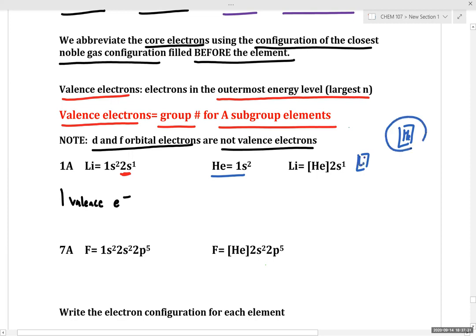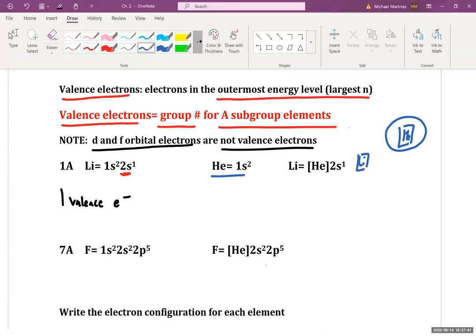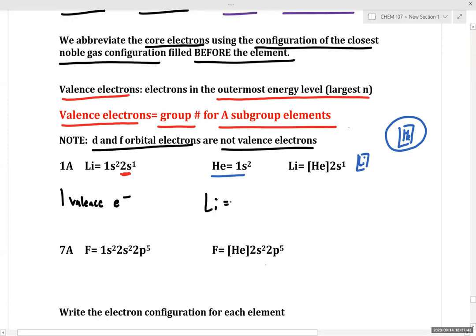So we use the configuration of helium to abbreviate our inner shell or core electrons. We'd rewrite our configuration for lithium from 1s2 2s1 into helium 2s1. This makes it really clear which electrons are inner shell and which are valence electrons. And these valence electrons are really important. Does this idea make sense to everyone?